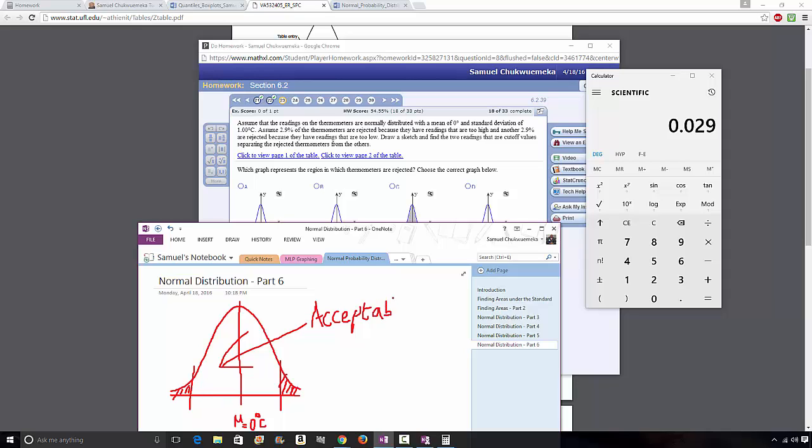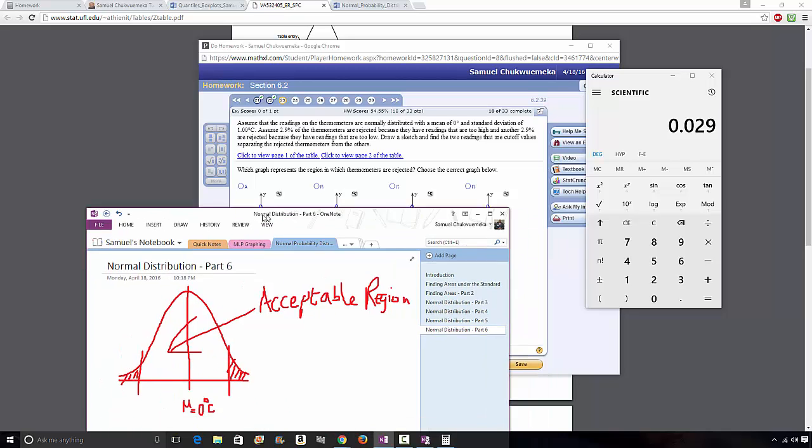Okay, what we are doing now is very important in statistics when we do hypothesis testing. Reject readings that are too low or readings that are too high.